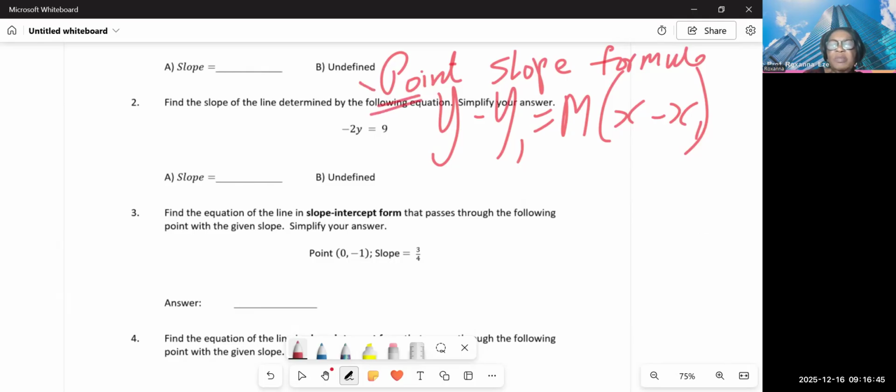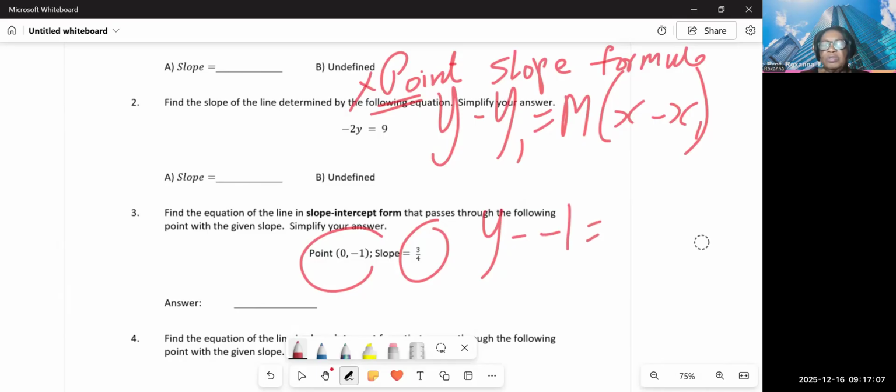When you are using the point slope formula, you're already given a point and you're already given the slope, so you just have to plug in. The point given to me is 0, -1. So I have y minus minus 1 is equal to slope 3 over 4 into x minus 0. X minus 0 is x. Y minus minus 1 is y plus 1.